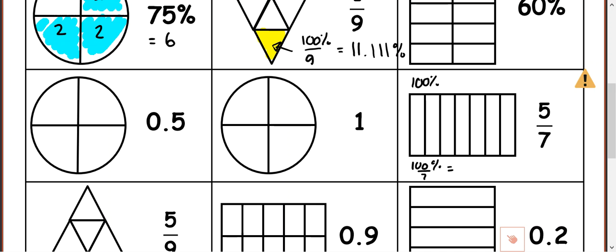What's 100 divided by 7? 14.285, it goes on. Anyone remember what that kind of number is called? It's an irrational number. So each bar is worth, and I'm going to round it, 14.3%, which is quite a tricky one, right? So some of them are going to be harder to do than others.